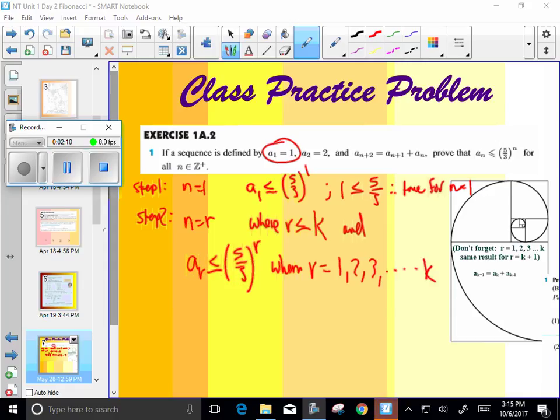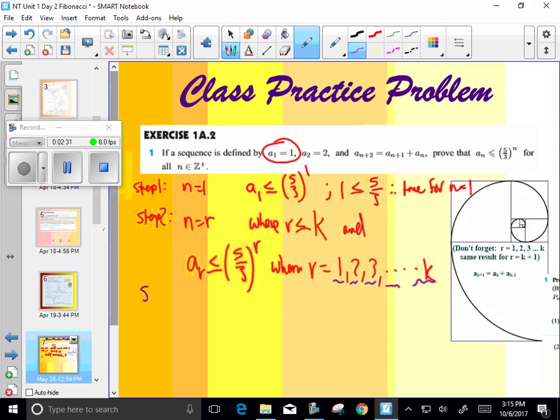So we still get this a(k) going, but it's just a way of keeping track of not just saying this is okay for n equal to r. r has to be delineated for each of the values from least to most, and most being k.